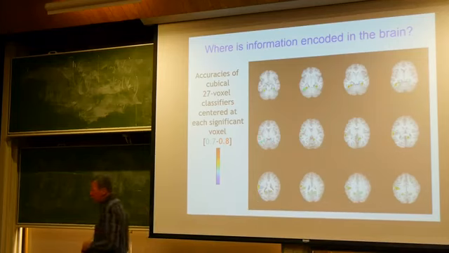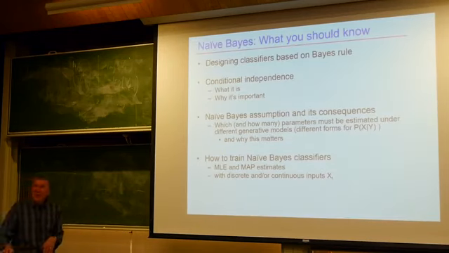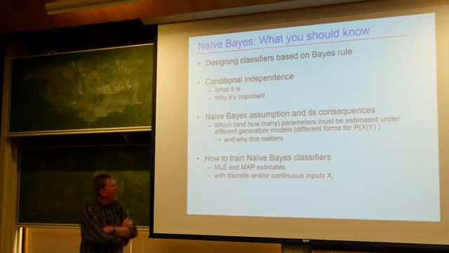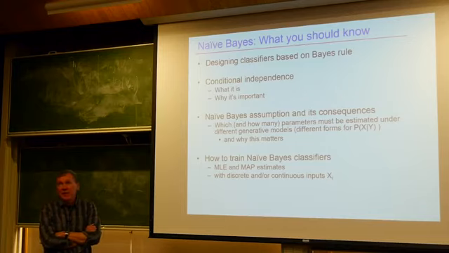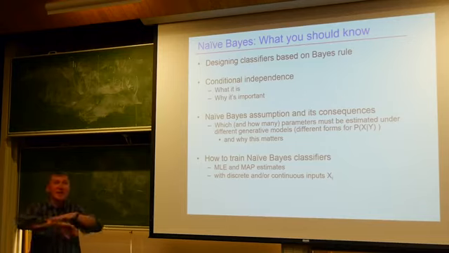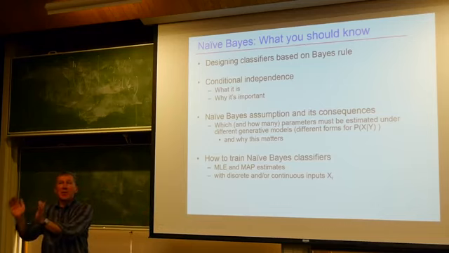Okay, so we're done with naive Bayes. Here's what I think you should know. First of all, naive Bayes really was our chance to take a first look at Bayes classifiers, and it turns out it's a very rich family of them. Naive Bayes is over in one corner, but a very useful corner.